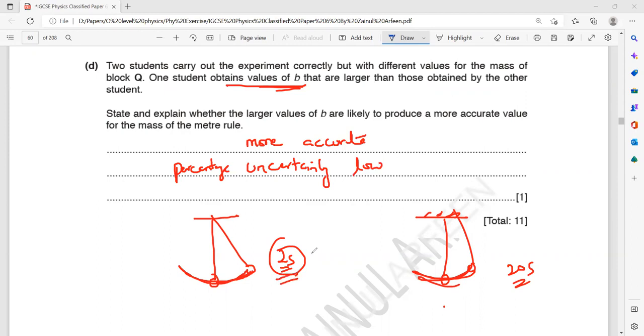When you measure a small value, the percentage uncertainty is high; when you measure a large value, it is low. Errors are there, but the percentage error will be reduced. So this was question one from the balancing experiment.